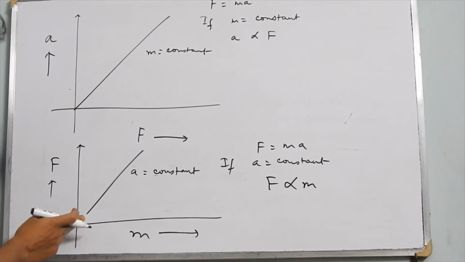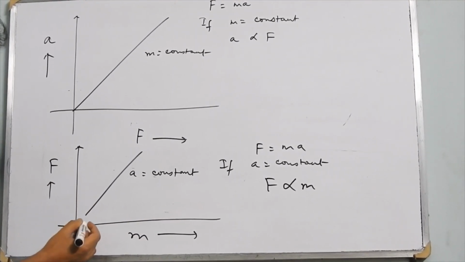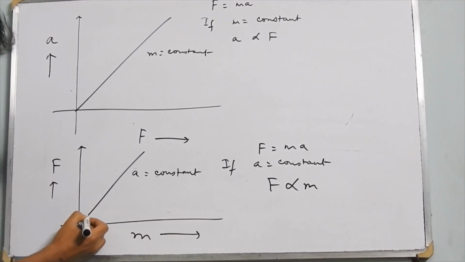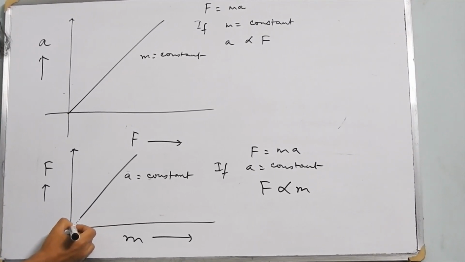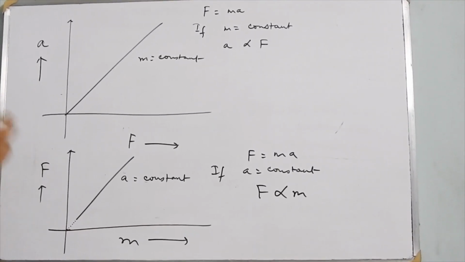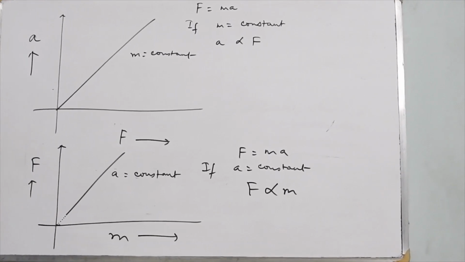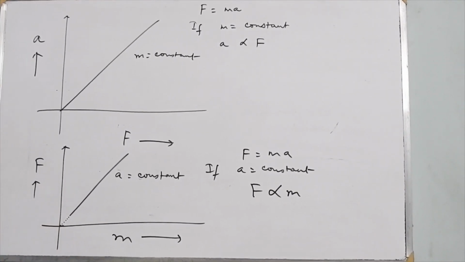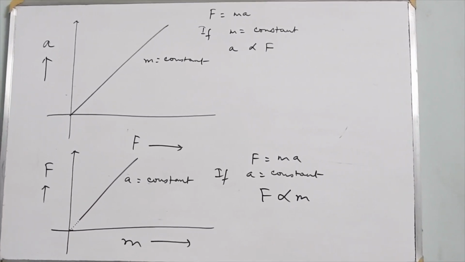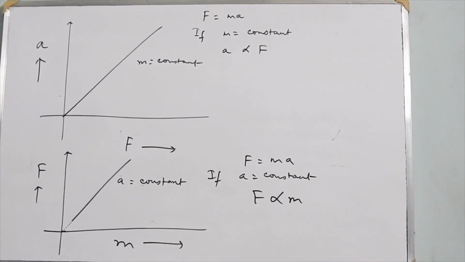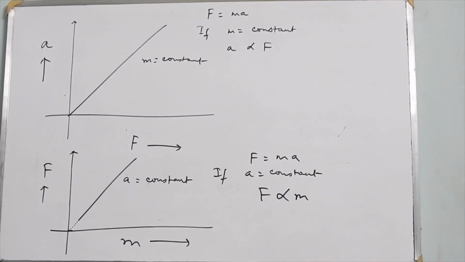So precisely this graph has a tendency to pass through the origin, but in reality, if it indeed passes through the origin, that means that the mass is zero, which is impossible. These are the two comparative studies of the relationship of acceleration with force and force with mass.